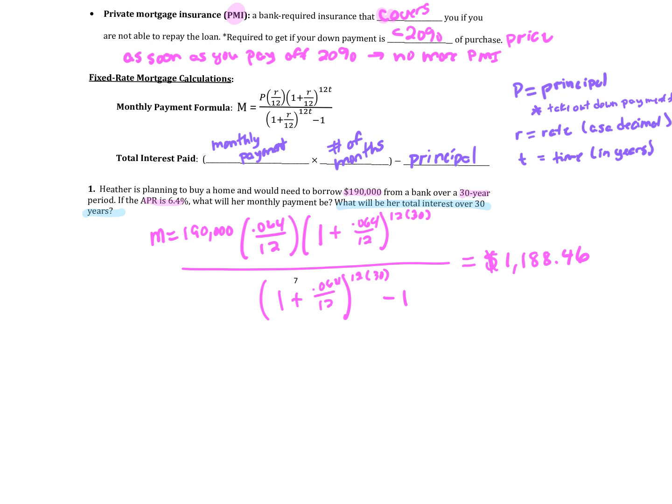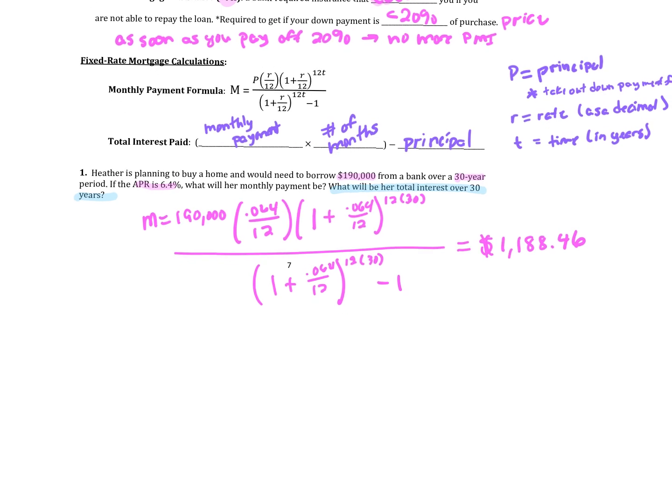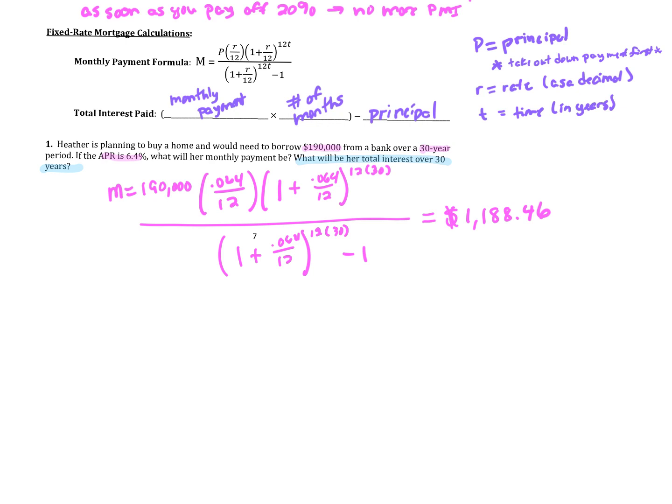Okay, so for the total interest, we're going to do this: 1188.46 times 360 months, right? And then minus the 190,000.